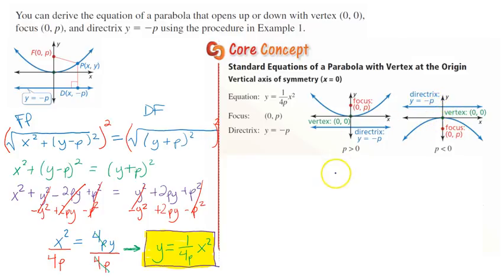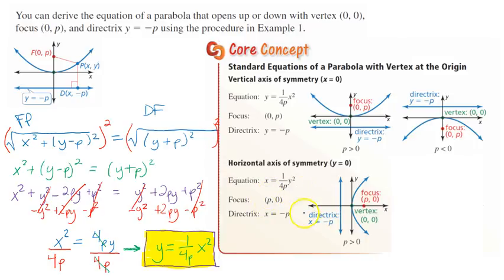And then remember that you can have parabolas that open up to the left and to the right also. So if you have a horizontal axis of symmetry and p is positive, so remember in the x direction, to the right is positive, to the left is negative, then your parabola is going to open to the right. And if p is negative, then your parabola is going to open to the left.